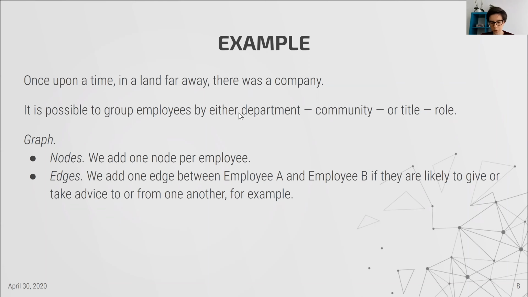And as I was saying before, in the same way that it is possible to partition a graph according to communities or roles, in this case, which is basically an organizational chart, for example, it is possible to classify employees according to which department they belong to, or which is their job title.